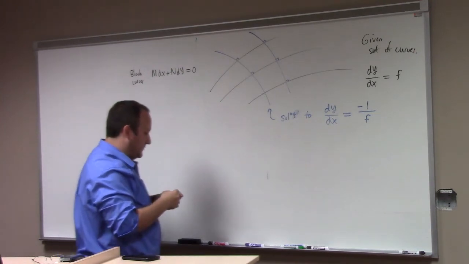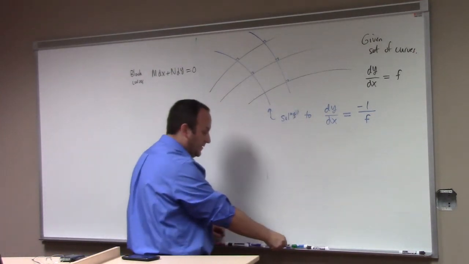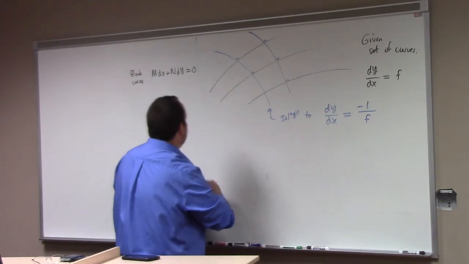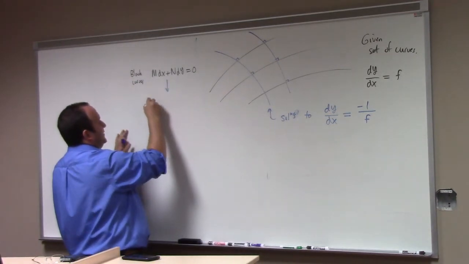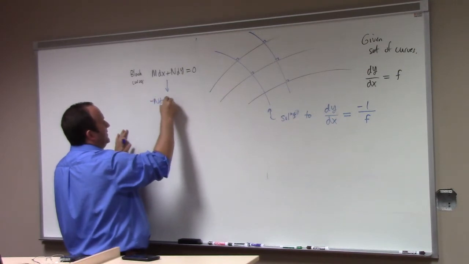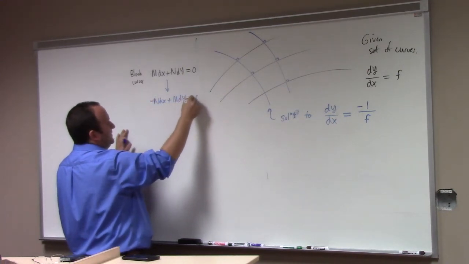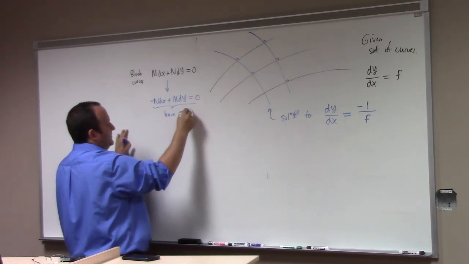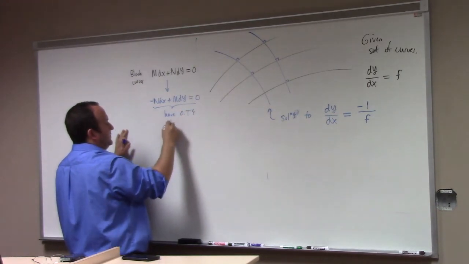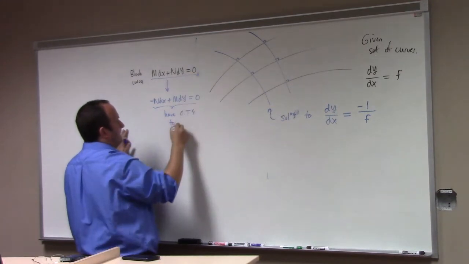Then to find the orthogonal trajectories in the Pfaffian form notation, you would want to solve instead, I mean, you've got choices, but here's one, minus N dx plus M dy equals to 0. This would have the orthogonal trajectories to star.